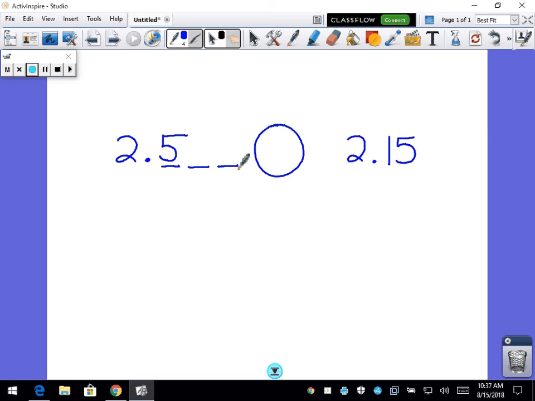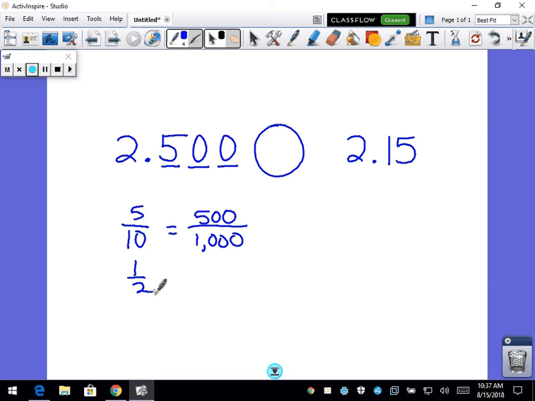And in those 2 places, I'm going to put zeros, because mathematically, 5/10 is the same thing as 500 thousandths. Think about it. This is a half, and this is a half. So I'm proving that I did not change the value by adding on those 2 zeros.